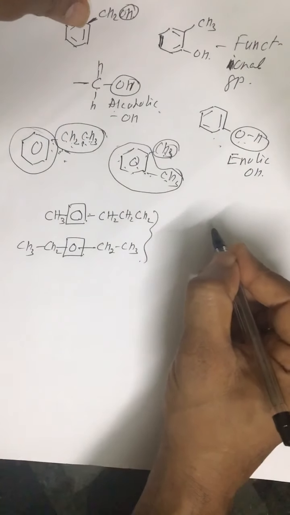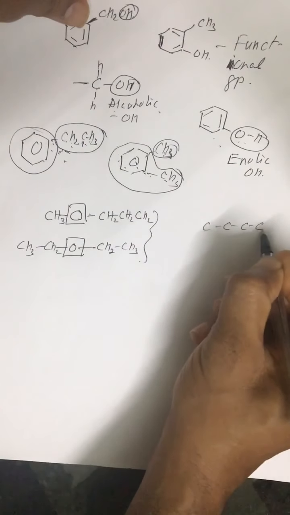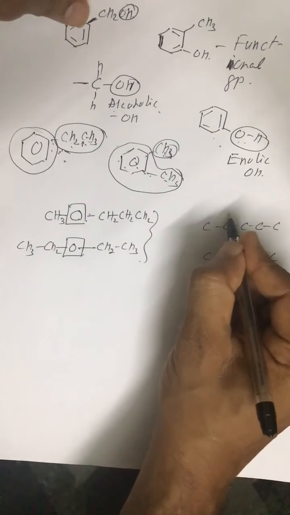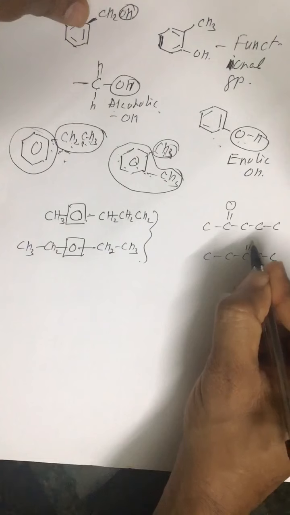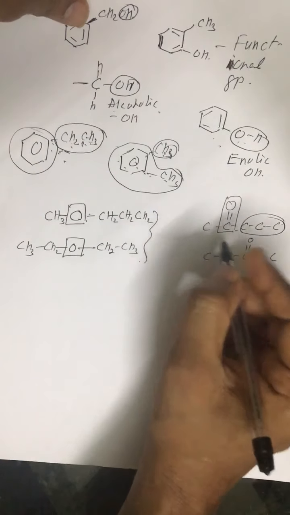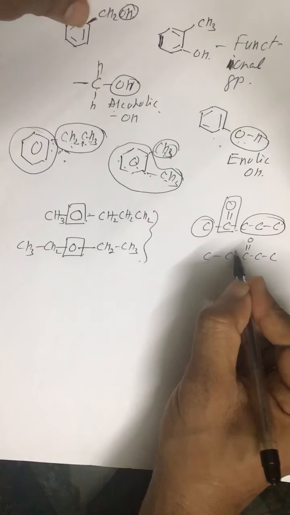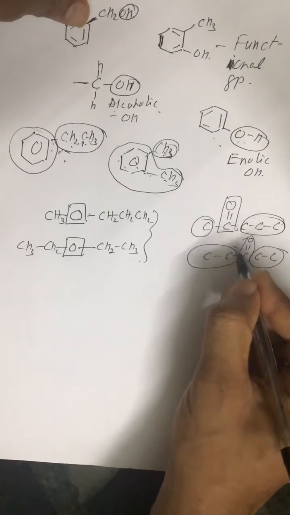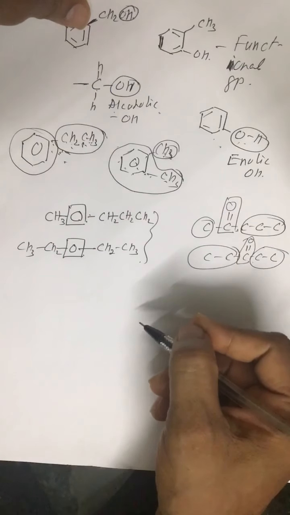It is exhibited by ethers, and it is also exhibited by ketones. Say the CO group is bonded to a propyl and a methyl group. Here it is attached to two ethyl groups. So these two are basically metamers.